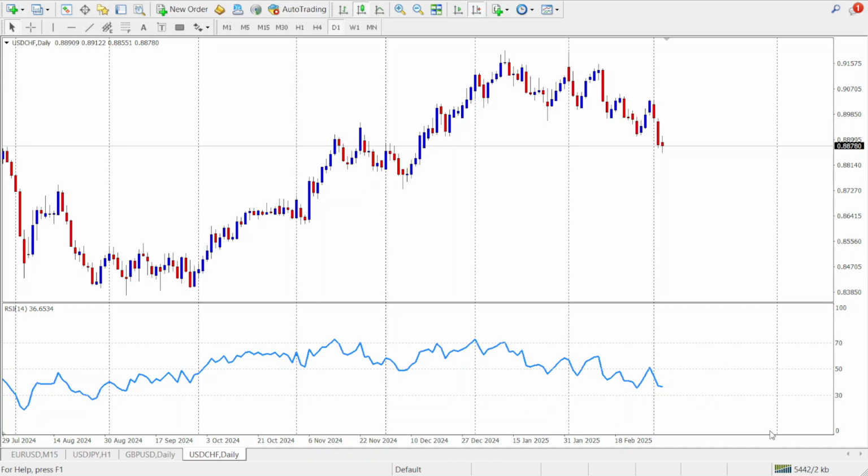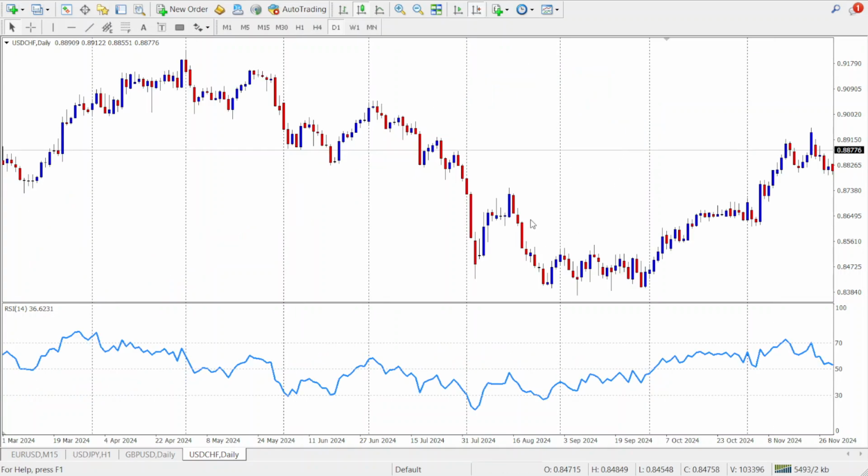It ranges from 0 to 100 and is commonly used to identify overbought and oversold conditions. Now, a reading above 70 indicates overbought conditions, potential selling opportunity. And then a reading below 30 indicates oversold conditions, which means potential buying opportunities.